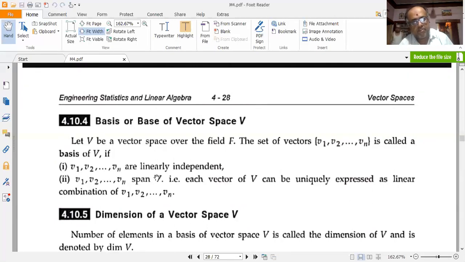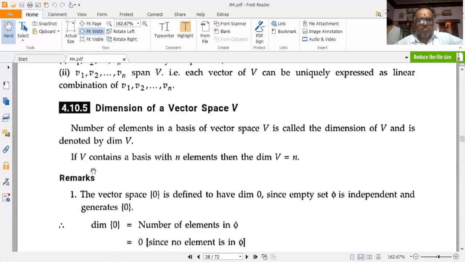Very, very important concept. Next, dimension of a vector space V. The number of elements in a basis of vector space V is called the dimension of V and is denoted by dim of V. If V contains a basis with n elements, then the dimension of V is equal to n.